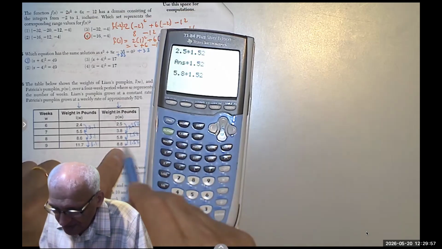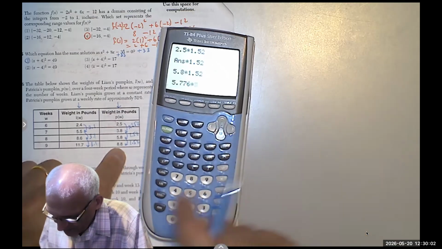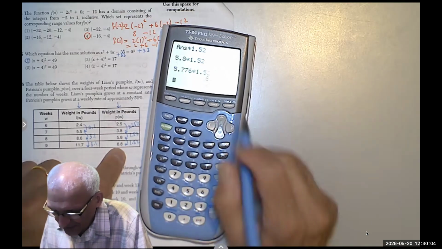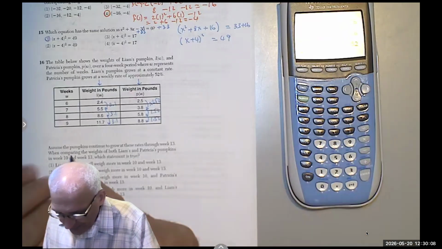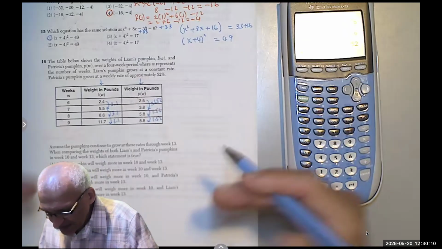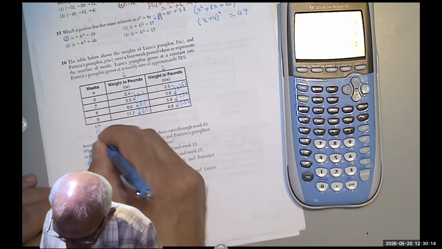You get 8.816, or even if you multiply that by 1.52, it should have been the correct one. You get 8.8 anyway. Assume the pumpkins continue to grow at these rates through week 13: 10, 11, 12, and 13.